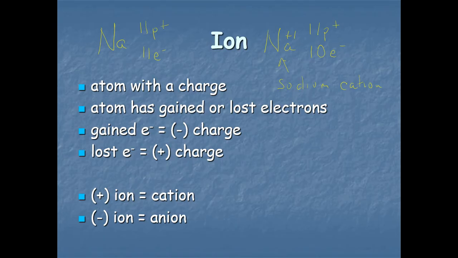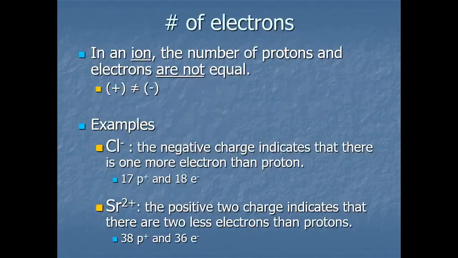Another way to get the charge or the number of electrons is to consider that in an ion, the number of protons and electrons are not going to be equal. So you're not going to have the same number of pluses and minuses. And as I just showed you with chlorine, if it had 17 protons and 18 electrons, then it would be a -1 charge. In chemistry we often use what's called the invisible one.